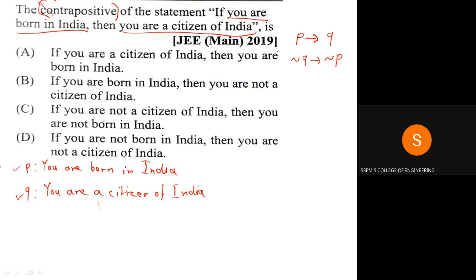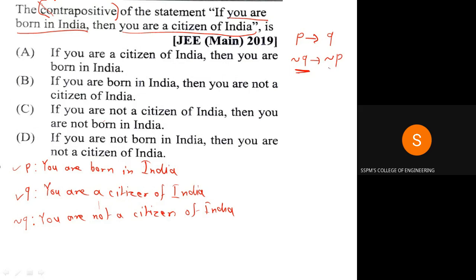So now we will first find negation of Q. What is negation of Q? You are a citizen of India. The negation of that statement is: you are not a citizen of India.